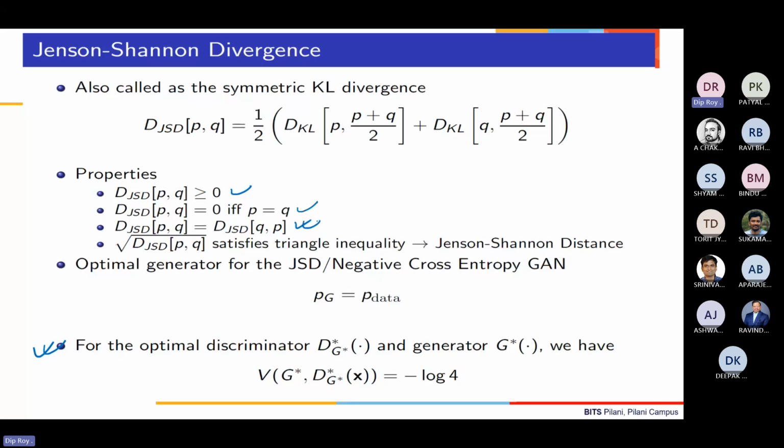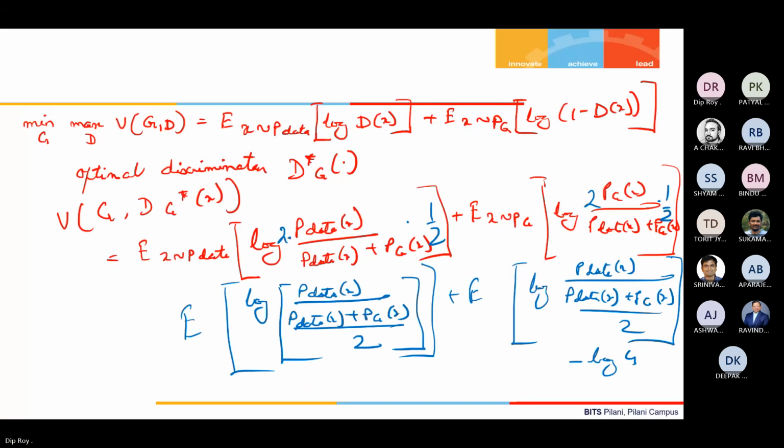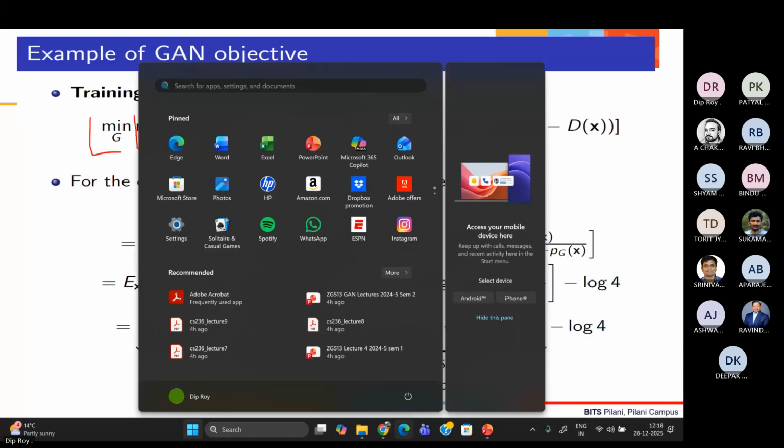So KL divergence of P and Q is not equal to KL divergence of Q and P, but in this case, this is equal. Now, any questions till now?